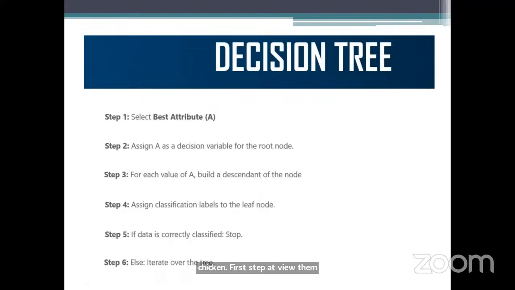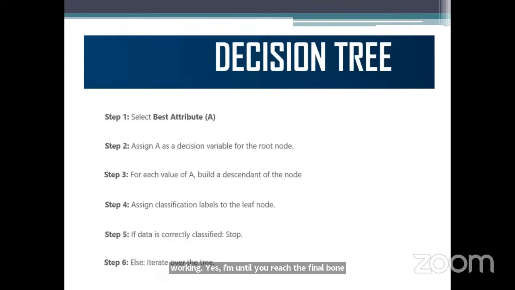Step 4. Assign the classification labels to the leaf node. Step 5. Check whether the data is correctly classified. If you got the correct output, you can stop the work. Yes. Iterate over the tree until you reach the final goal, correct output.